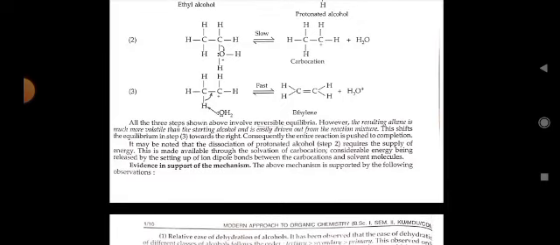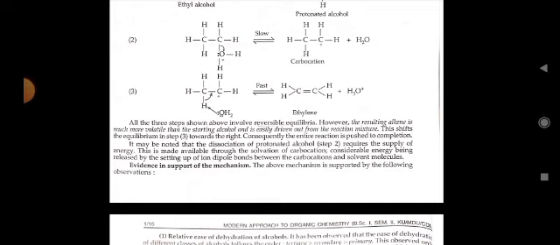However, the resulting alkene is much more volatile than the starting alcohol and is easily driven out from the reaction mixture. This shifts the equilibrium in step 3 towards the right. Consequently, the entire reaction is pushed to completion. It may be noted that the dissociation of protonated alcohol requires a supply of energy.